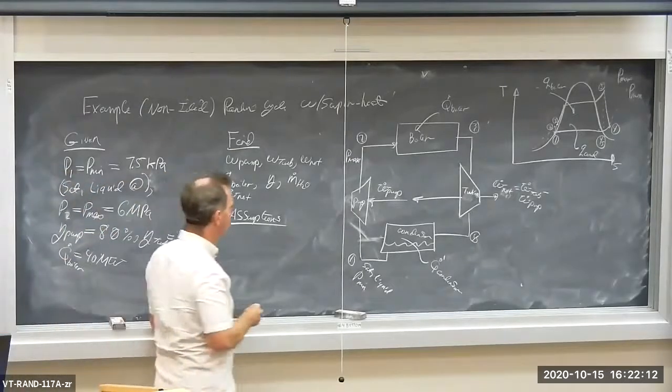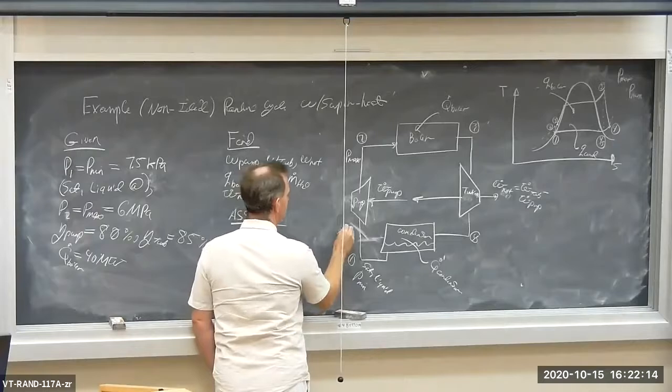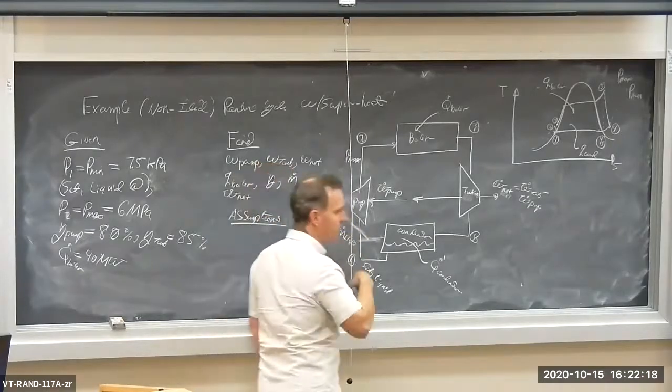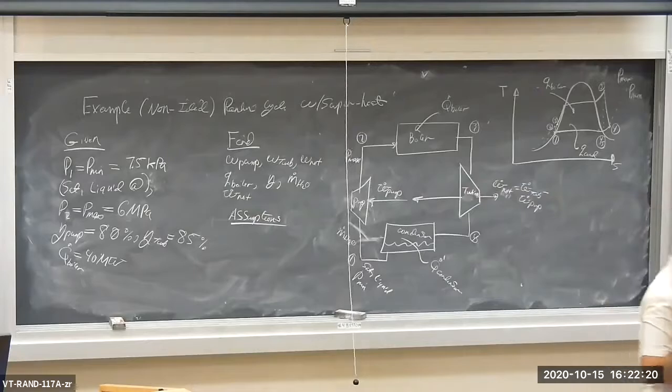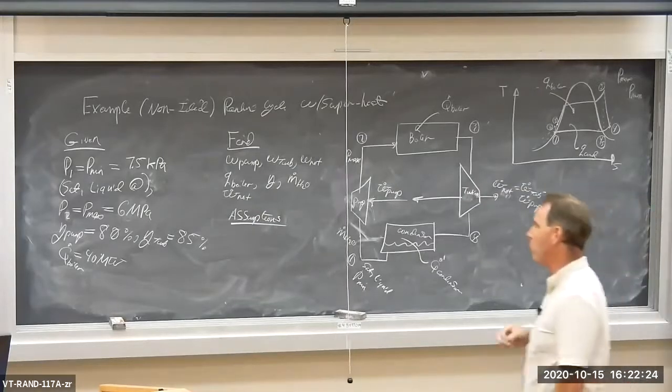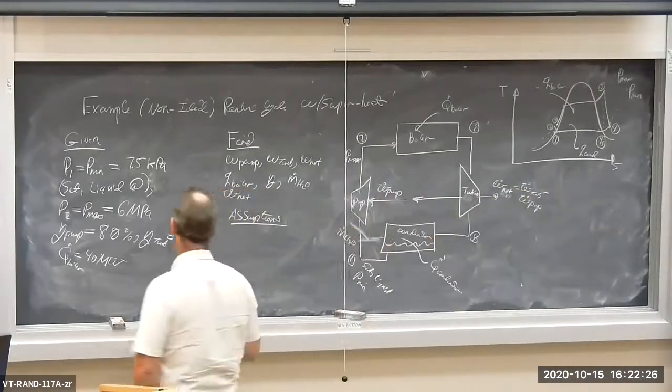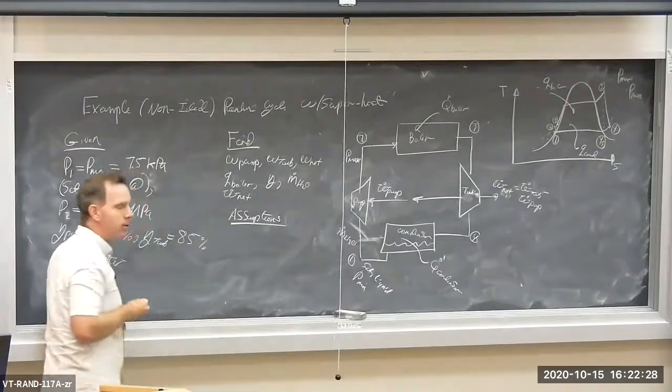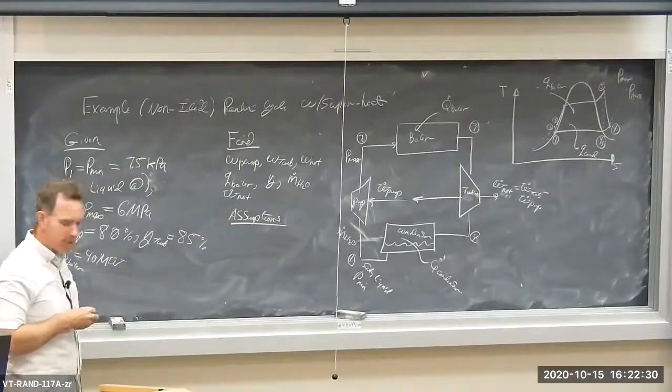What's the actual mass flow rate? The rate at which H2O flows around in the cycle. And then we're going to calculate the total power produced, the net power produced by the cycle. Okay? So that's the plan for today.